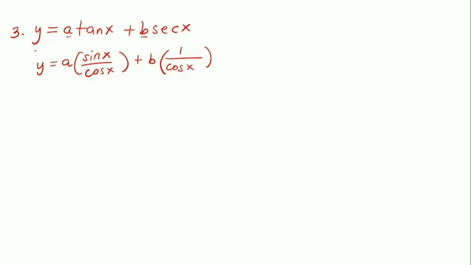Now, in order to eliminate the cosine of x, you need to multiply the whole equation into cosine of x. Okay? So, y cosine of x is equals to a sine of x plus b. Okay? So, pag ganito na ang equation nyo, that's the time that pwede na kayo mag first derivative.